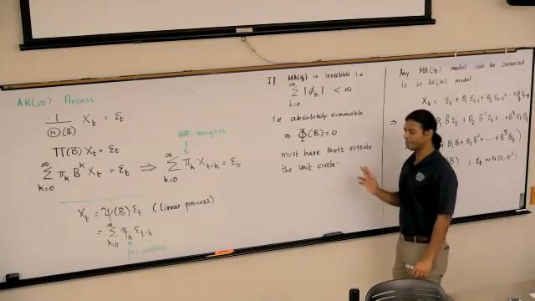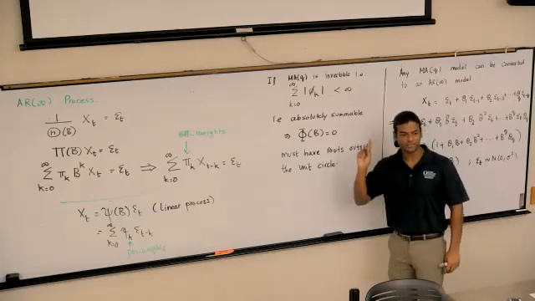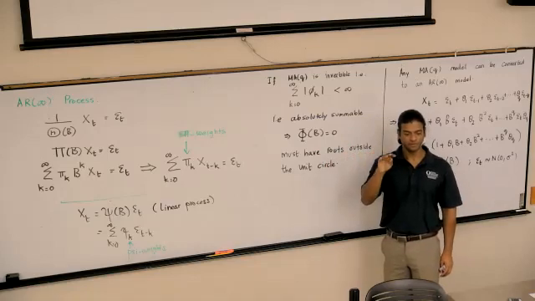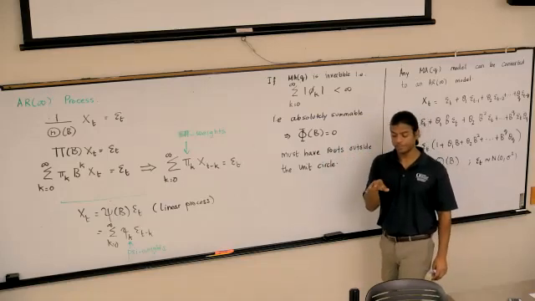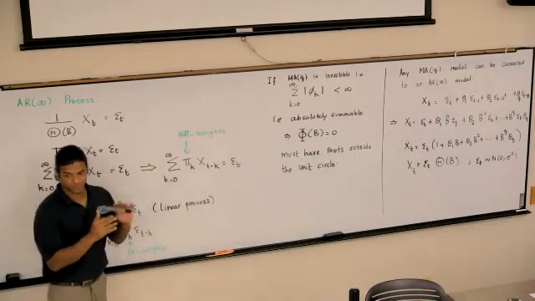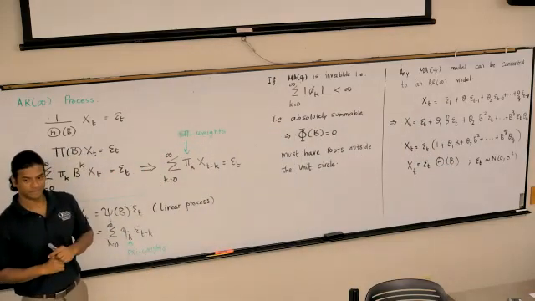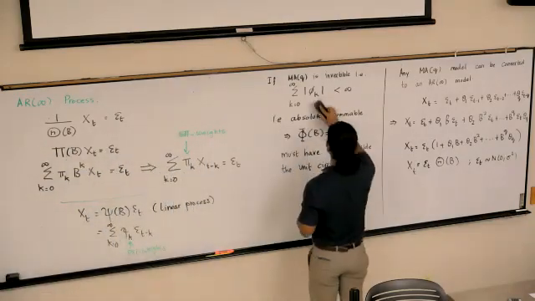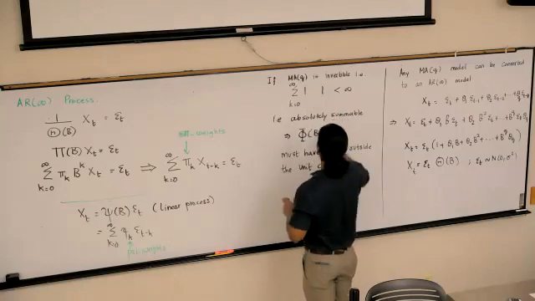Last time we said causal if the coefficients of the AR model, phi 1, phi 2, phi 3, were all absolutely summable, less than infinity. This time, what should it be here? It should simply be theta sub k.